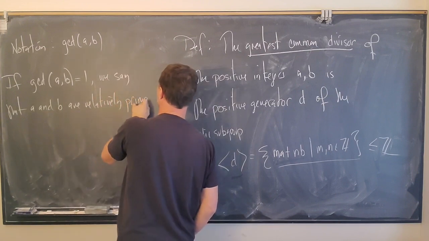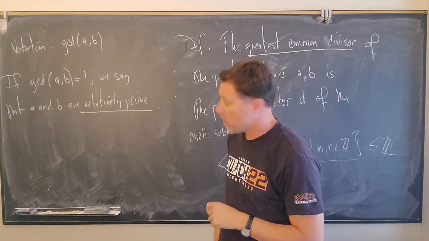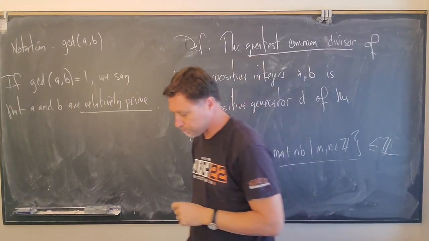So there's a piece of terminology that you've probably heard before. Relatively prime just means the GCD of A and B is equal to 1.